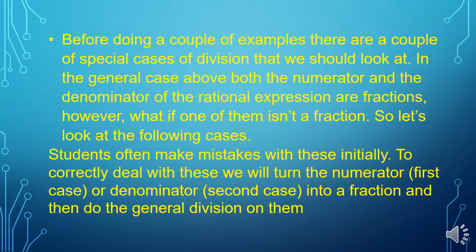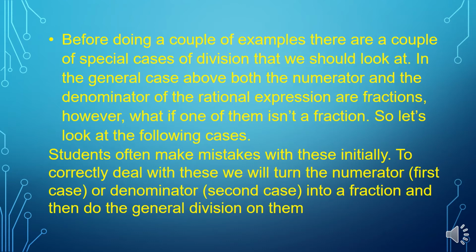Before doing a couple of examples, there are a couple of special cases of division that we should take a look at. In the general case above, both the numerator and the denominator of the rational expression are fractions. However, what if one of them isn't a fraction?